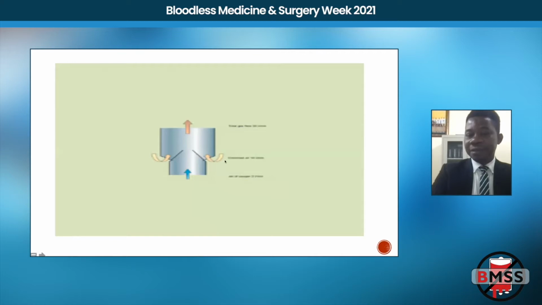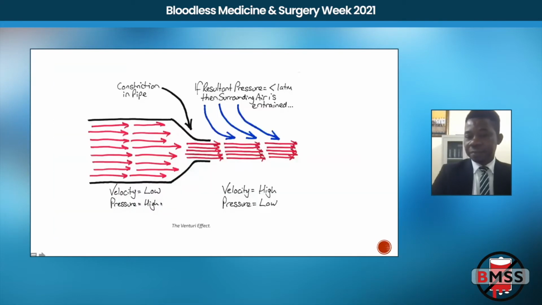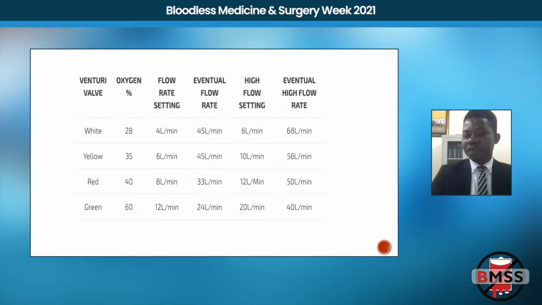Okay, so the air is entrained inside. As the oxygen flows in, the pressure drops, air is entrained into the system, thereby diluting it to give a particular percentage of oxygen which is readily available to the patient. And it also increases the flow.